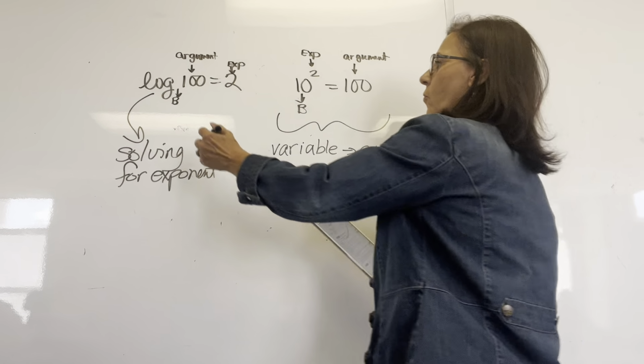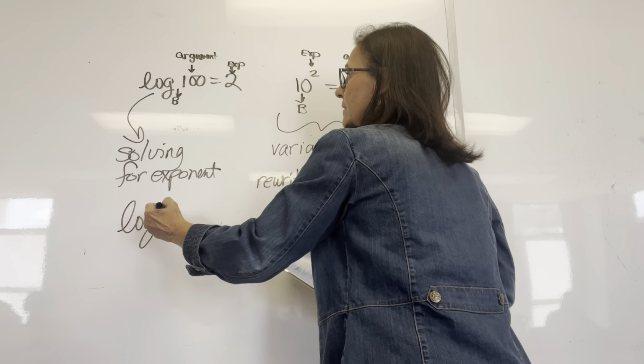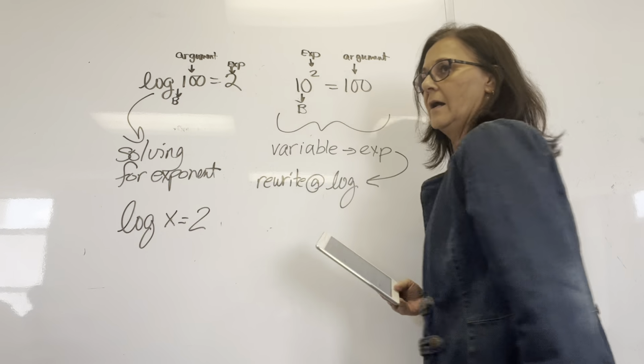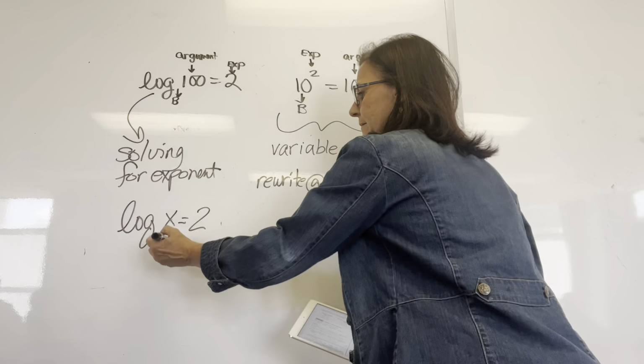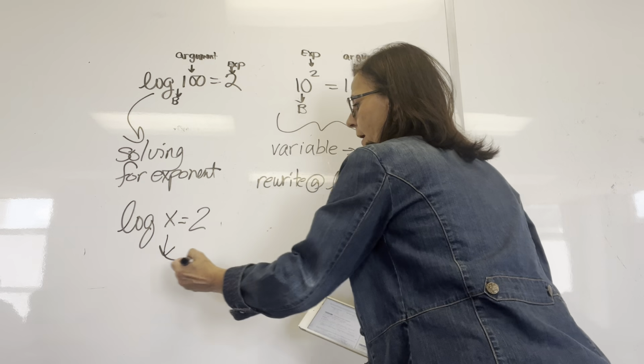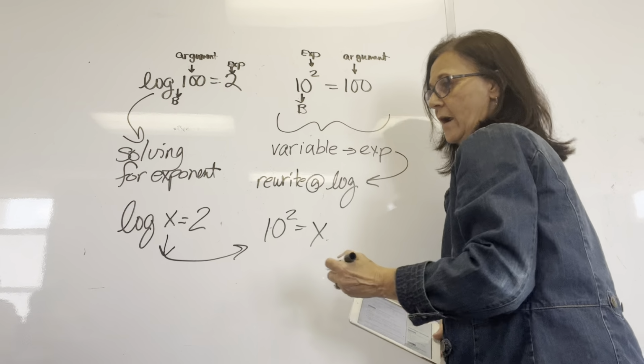All right, what if I have a variable in the argument place? When I have a variable in the argument place, I'm going to exponents. 10 squared equals x, right?